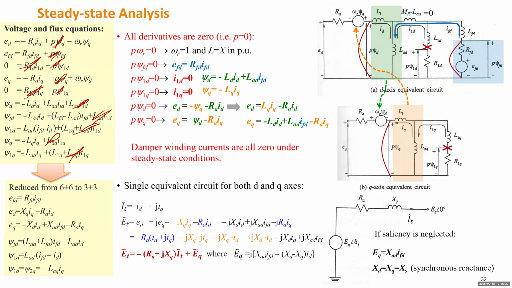And if this one is 0, then EQ, this internal voltage, is proportional to field voltage. This makes a lot of sense. So you have an internal voltage, and that voltage is proportional to the field voltage, or field current. So if you increase field current, you are going to increase this voltage.